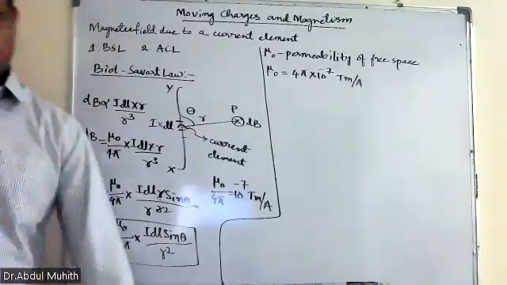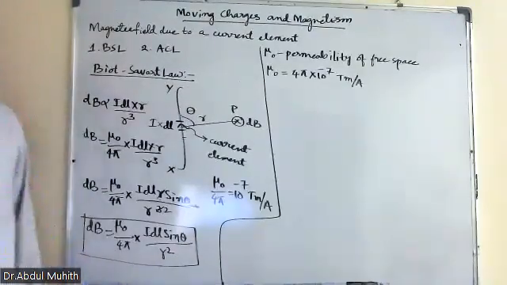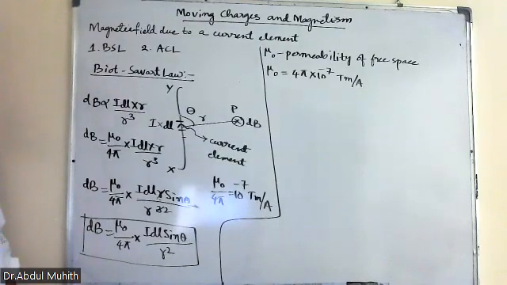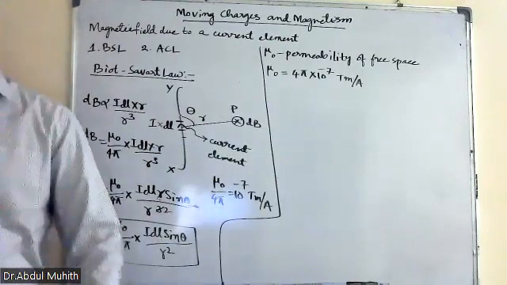Okay, sir. Now here we have the magnetic field on the axis of the circular loop. Next derivation. Quickly copy this one, then we'll go to the next one because it needs the whole board. This is a derivation now.